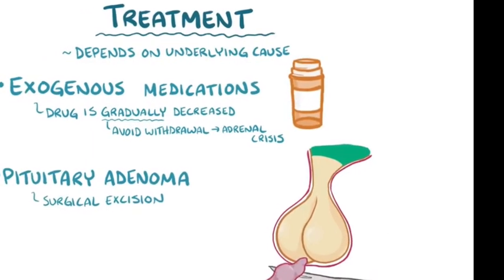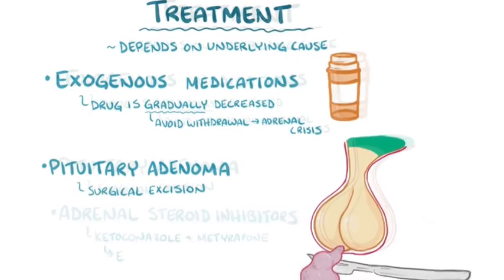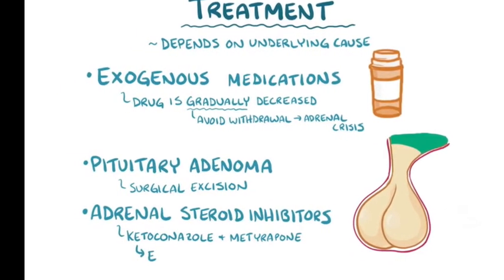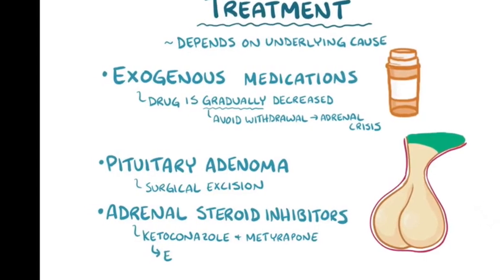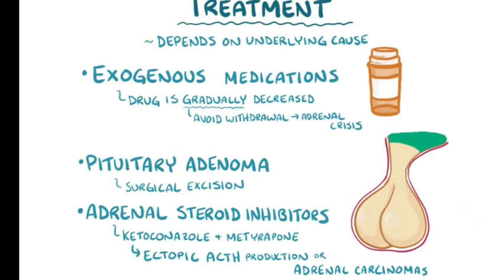So the treatment depends on the underlying cause. If it is caused by exogenous medication, the drug should be gradually decreased. We should avoid a sudden cessation of the drug, which causes withdrawal and ultimately adrenal crisis.